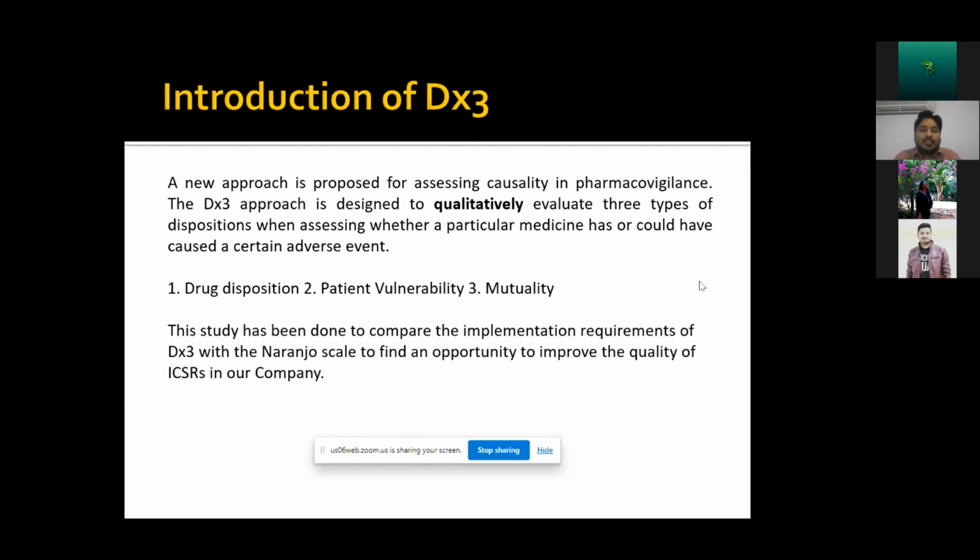In this scale, we will evaluate the given drug and adverse event causal association using three methods. Number one is drug disposition, number two is patient vulnerability, and number three is mutuality.